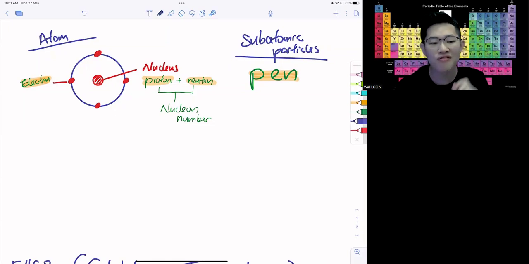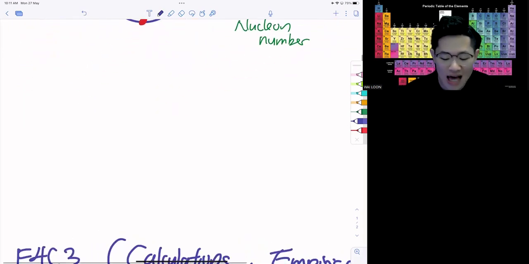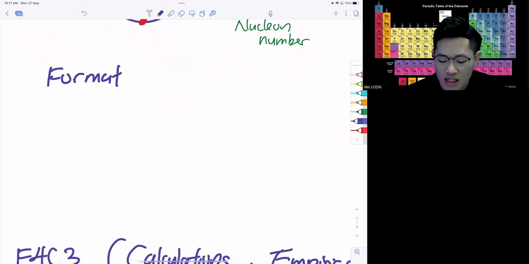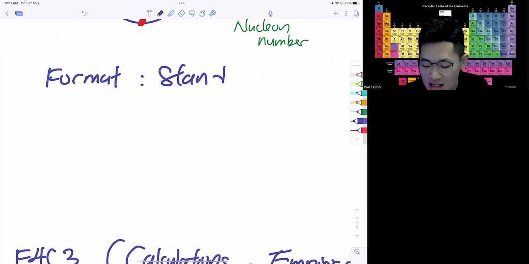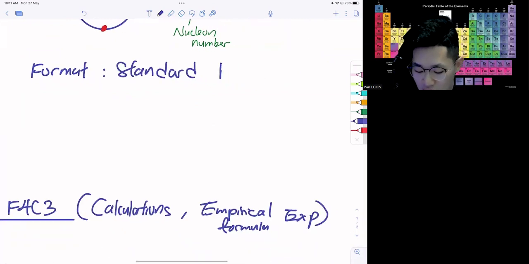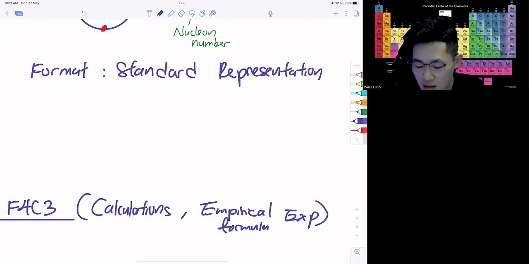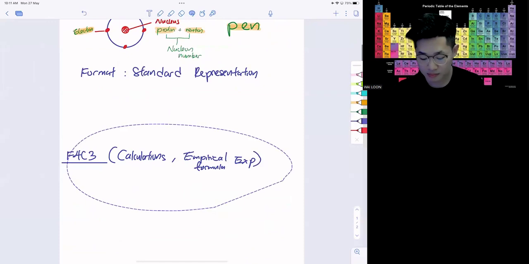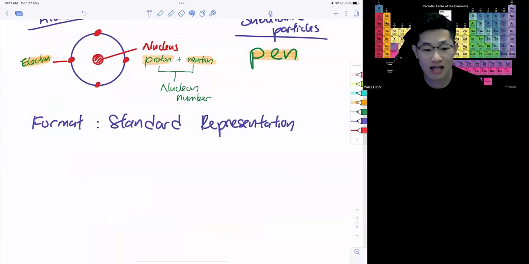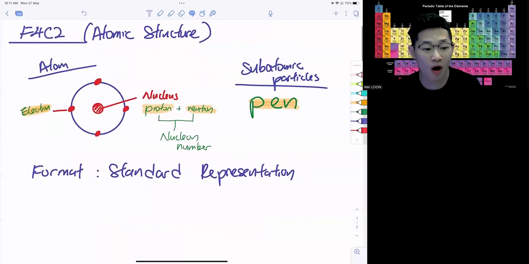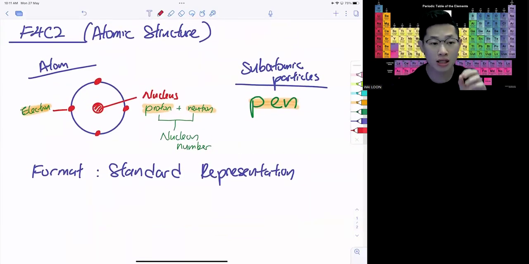So there's a simple format that helps you present the information of an atom. We call it the standard representation. A standard representation is a format that shows the information of an atom.